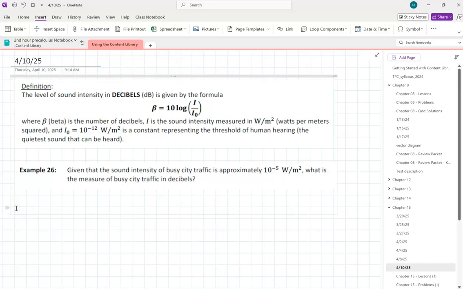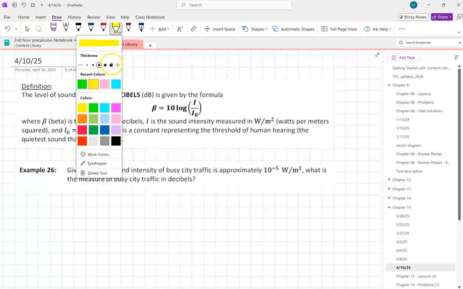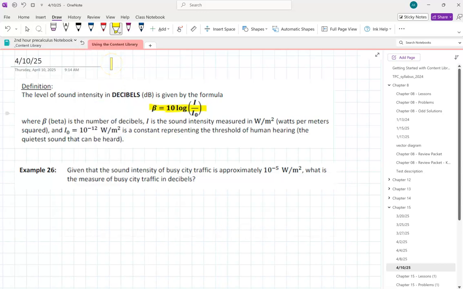So for any situation involving sound, the way I'm going to write my equation is using this model, and then we'll just be solving.